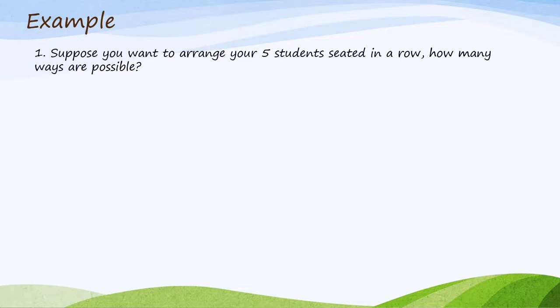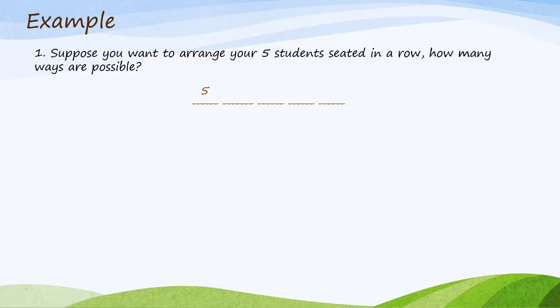Example, suppose you want to arrange your 5 students seated in a row. How many ways are possible? So in this example, n is equal to 5. Let's say these are the seats of 5 students in a row. For the first seat, there are 5 possible choices for which student will be seated.